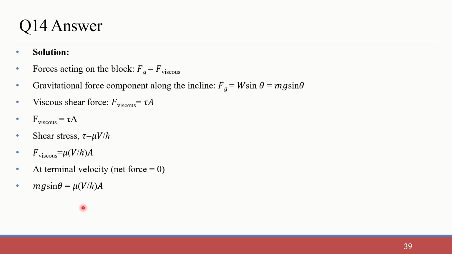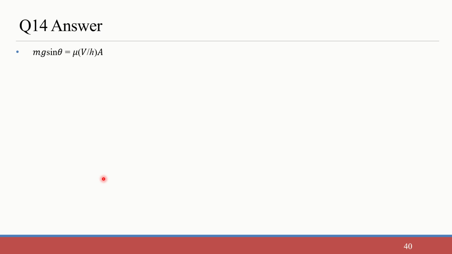So mg sine theta equals mu into v by h into A. In this, we know m is 7 kg, g we know, theta we know, mu we know, v is unknown, and h is known, A is known.